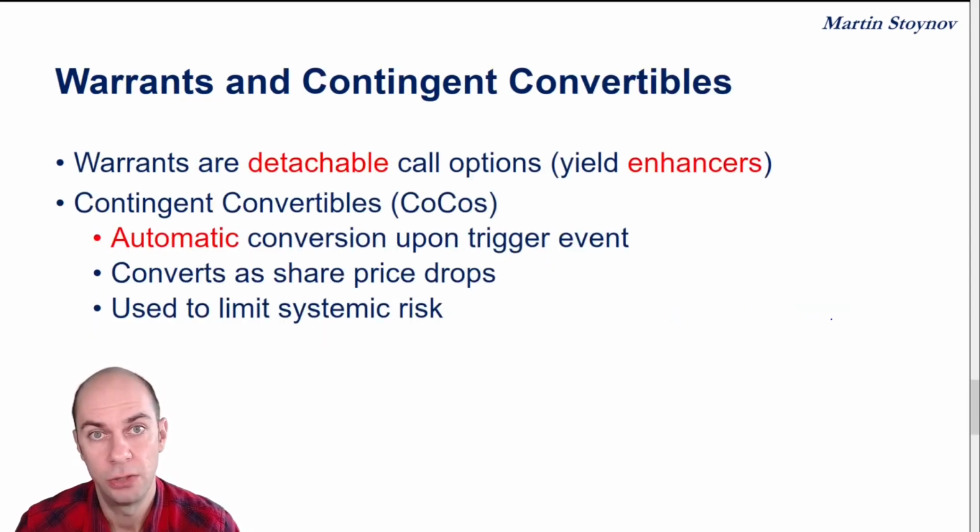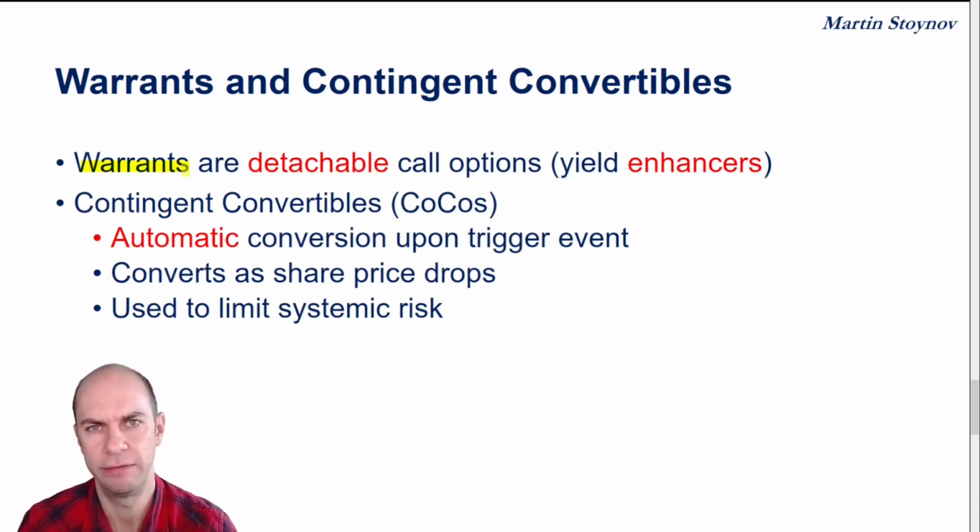On this slide, we're going to look at warrants and contingent convertibles. So what are warrants, first of all? You may have come across the concept of bonds with warrants. Instead of selling a convertible bond, which effectively has an embedded call option to purchase the equity, we're going to sell you straight bonds, but we're also going to attach some warrants to the issue. And these warrants are nothing but call options to acquire the equity.